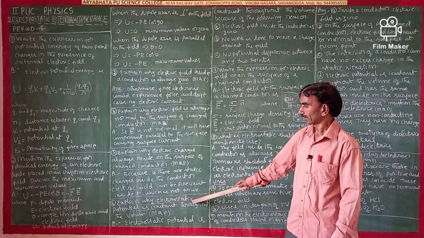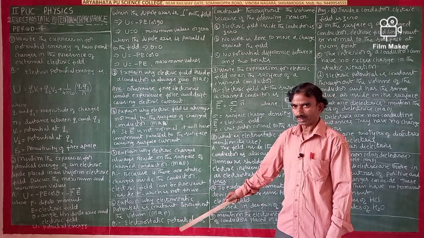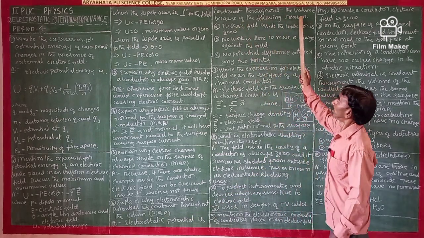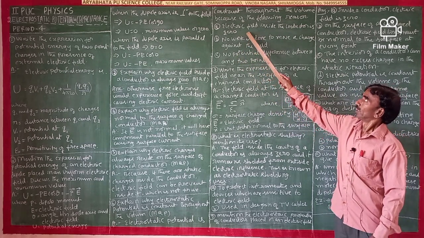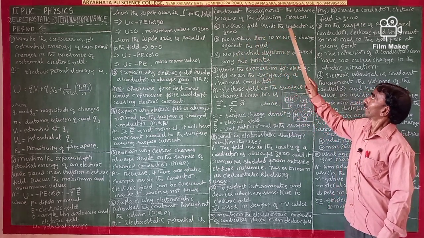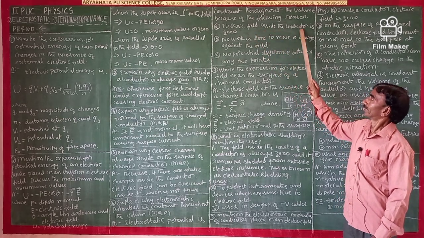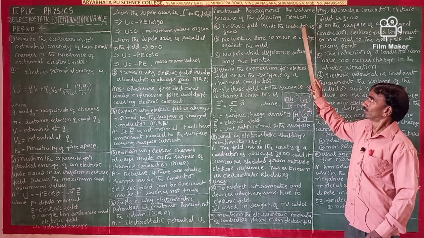Next one. Explain why electrostatic potential is constant throughout the volume. Electrostatic potential is constant throughout the volume because of the following reasons. First, electric field inside the conductor is 0.